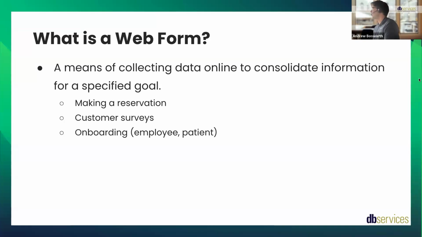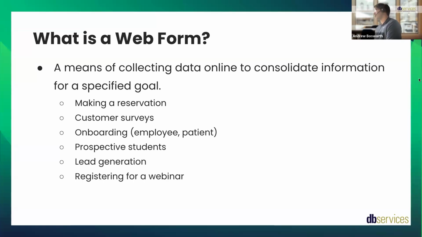Onboarding any employees, name, birth date, social security, that sort of thing. Usually if you did it online, it's probably a web form. Prospective students, so if you're doing the Common App, applying for stuff online, for colleges and whatnot. Lead generation, so if you do any sort of sales and you're generating leads, a lot of those come through forms. Registering for a webinar, so the fact that you're here today probably means you filled out a form to get here, and many, many, many others.